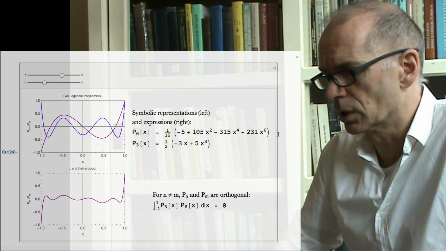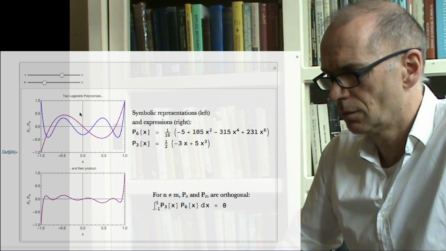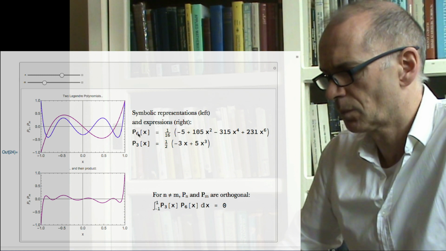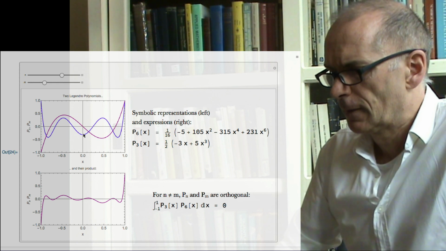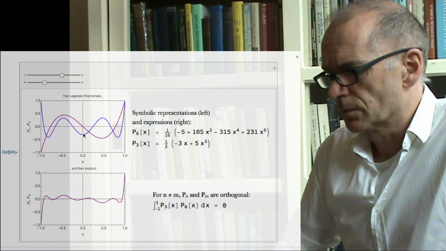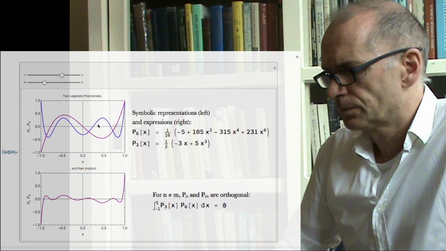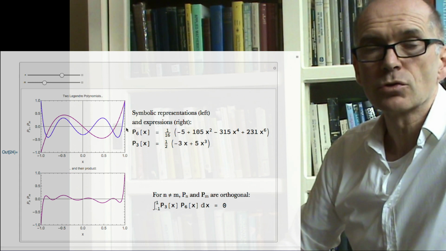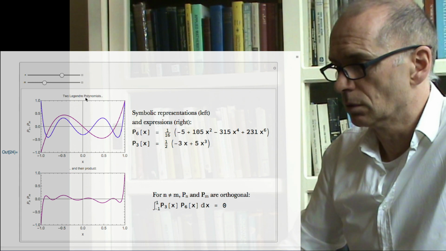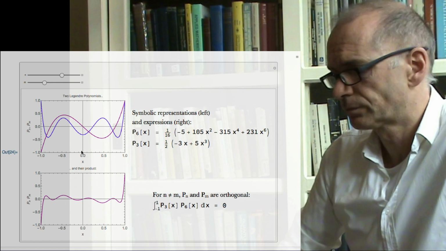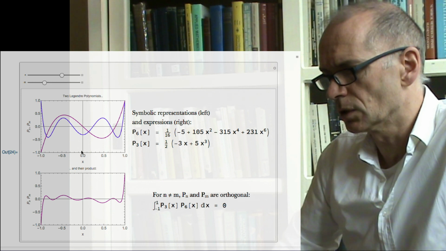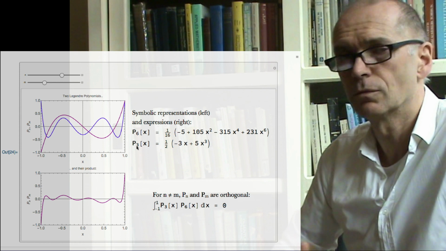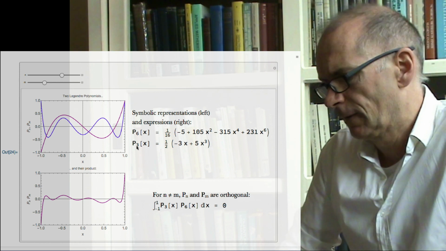That is also clear in the graph. Say the blue one is the P6. It has 6 intersections with the horizontal axis, and it is symmetric in the vertical y-axis. So it's an even function. This one is odd, if n is 3.